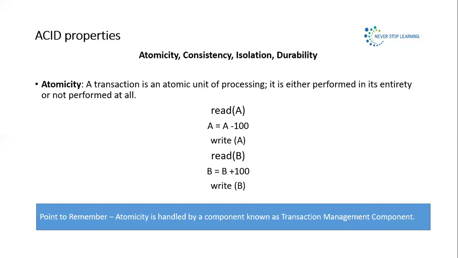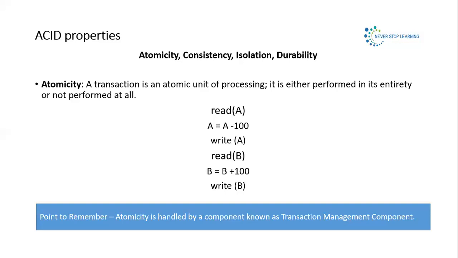Now, ensuring atomicity is the responsibility of the database itself. A point to remember for you: this atomicity is handled by a component called the transaction management component. It can be asked for 1 mark in many competitive exams and university exams.